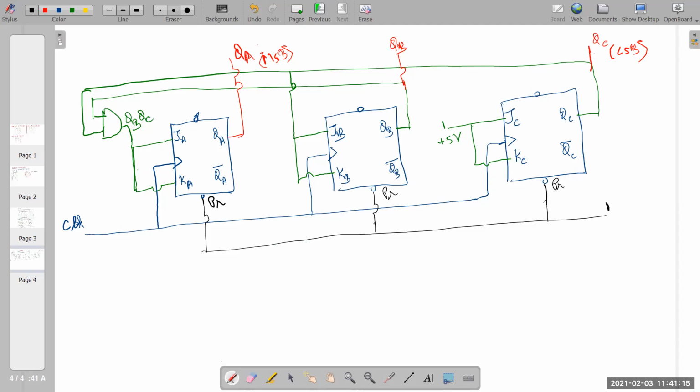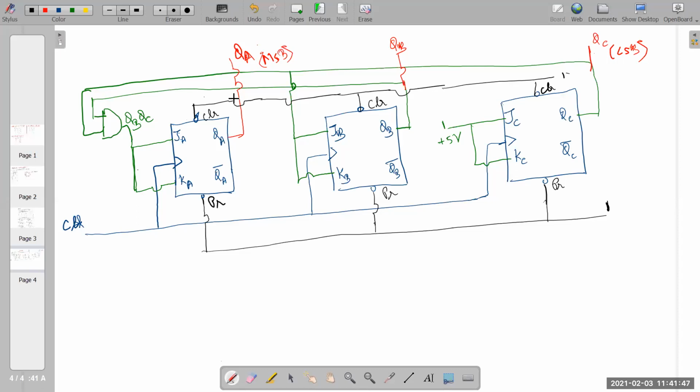Yes, preset is disabled, that means you are connecting it to 1. Similarly, we are going to disable the clear also, so clear is connected to 1. If we are connecting both to 1, practically we will be connecting it to 5 volt. In the laboratory it is connected to 5 volt. In the exam, you simply put it as 1.